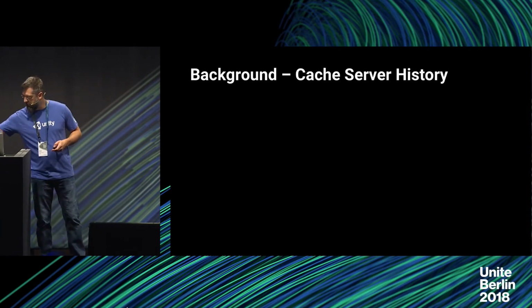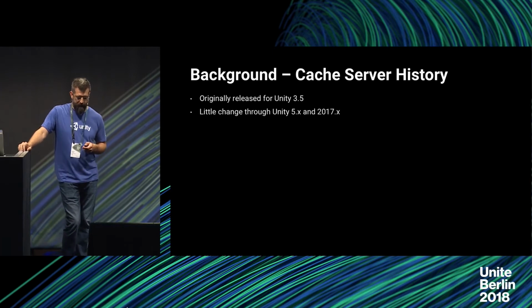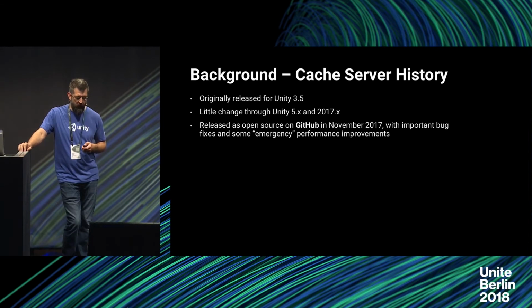So a little bit of background on the cache server, a little history. This was introduced in Unity 3.5. It really didn't go through much change for the next several versions and several years. A little bit of complexity was added, but it was mostly unchanged.